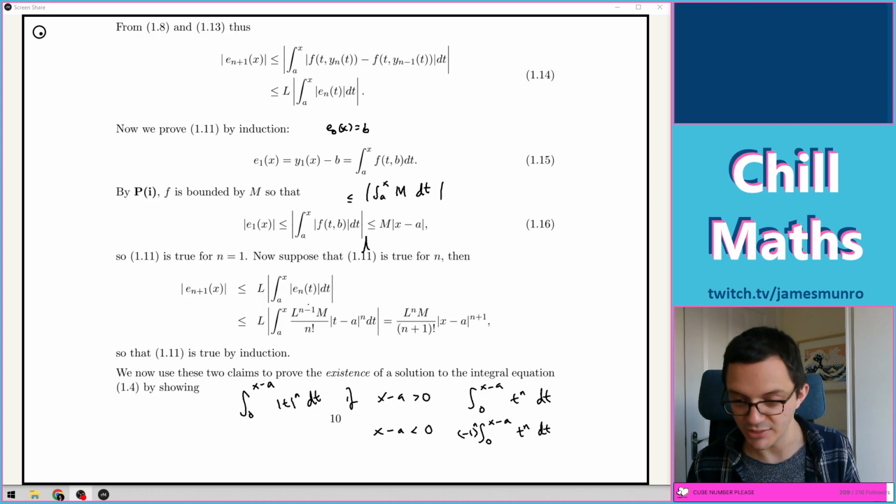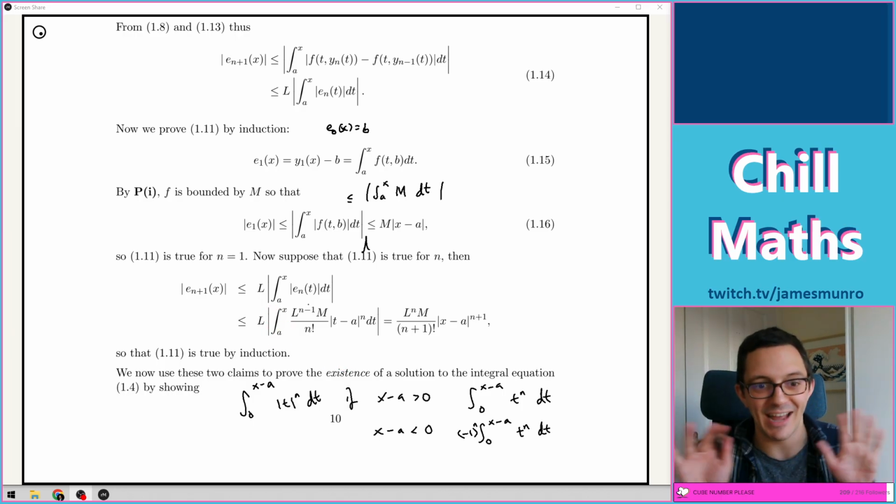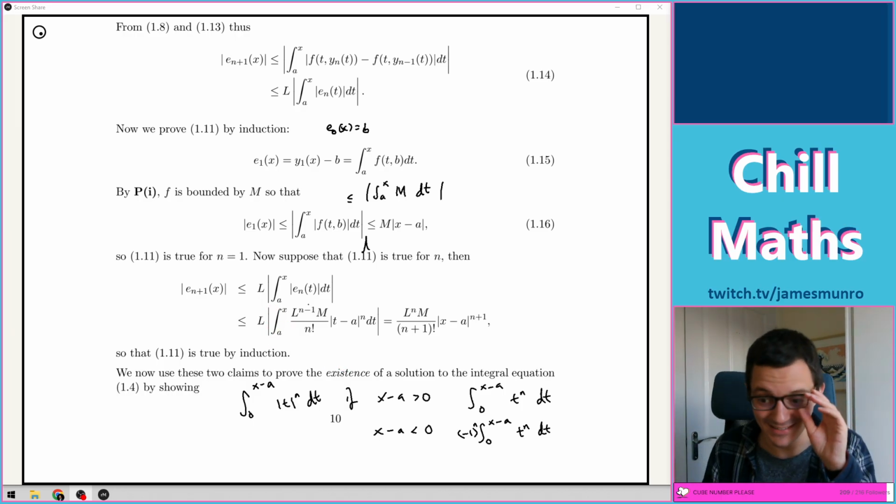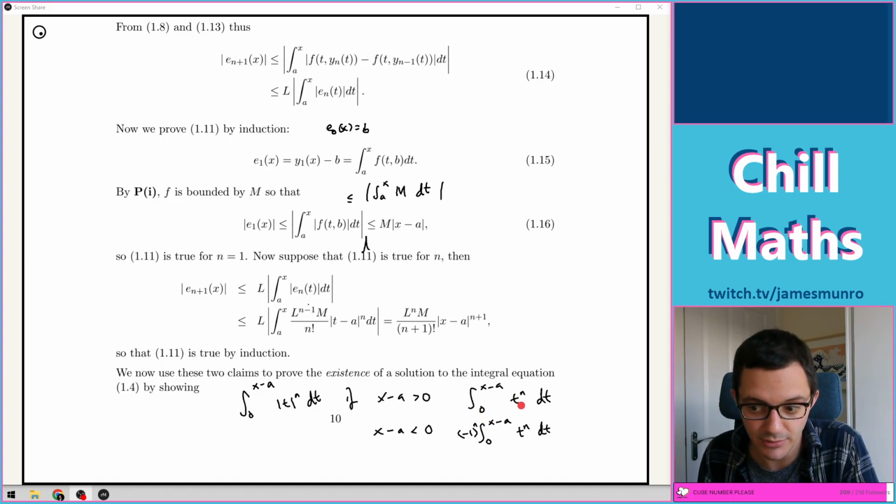So we get minus 1 to the n out here. But actually we're saved by having these large mod signs around the outside as well, which then mean that we don't care about any number of plus or minus signs. So there's kind of technically 2 cases here. Each of them is then easy to do to integrate t to the n.